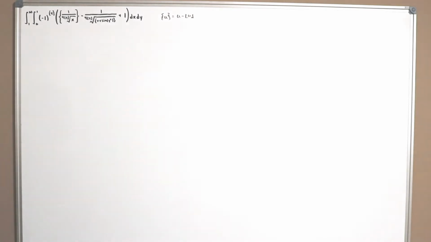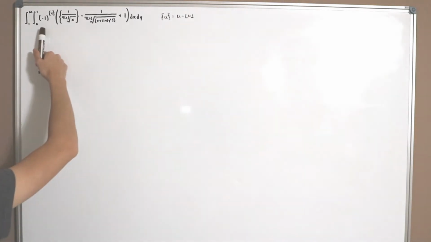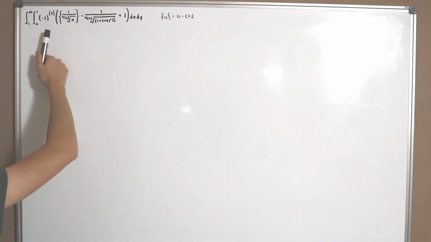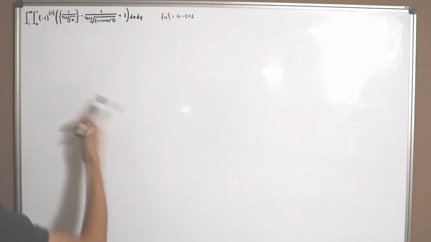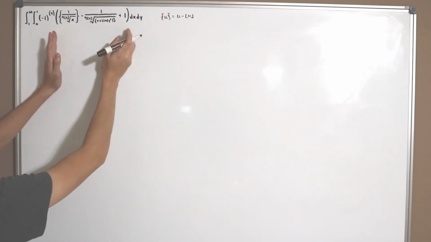So let's ignore this -1 to the power fractional y, simply because this is being integrated by dy. So how about we just focus on integrating with respect to dx.